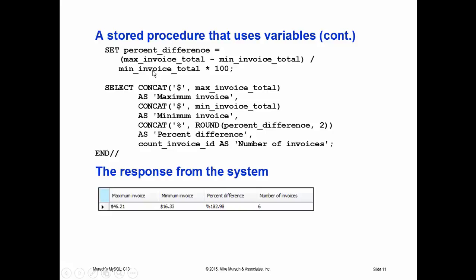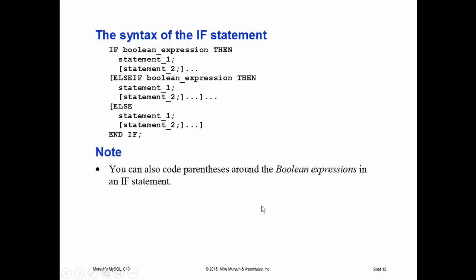Then, as it says, we're setting the percent of the difference. So we're doing a calculation here. The idea is the biggest invoice, the smallest invoice, the difference between those invoices, and how many invoices total the customer had.